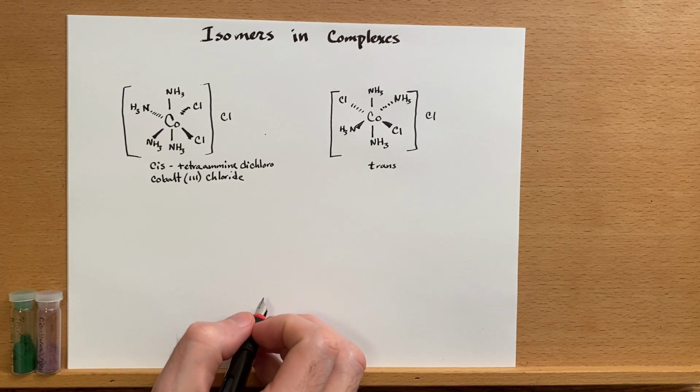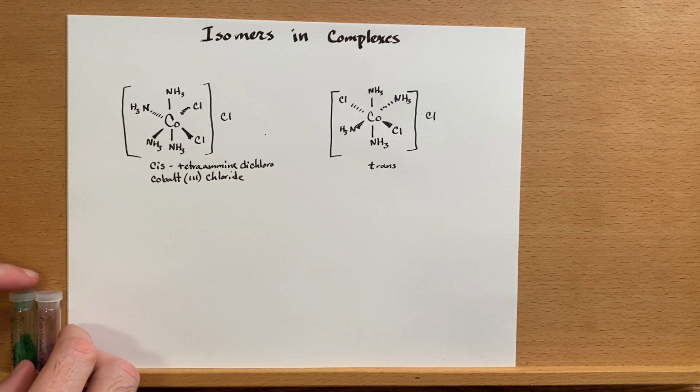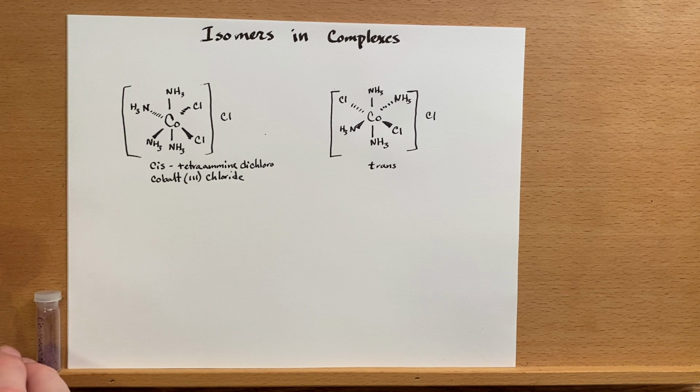Now, cis and trans isomers are not the only kind of isomers that we can have in an inorganic complex. We can also have facial and meridian isomers. So, what would that look like?